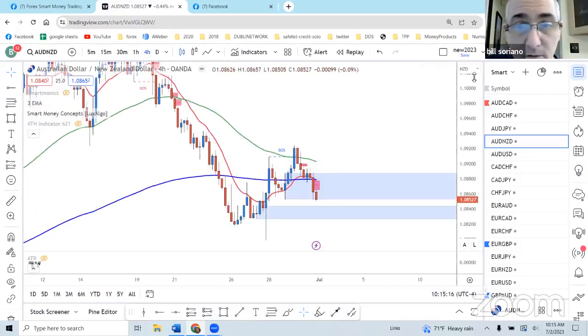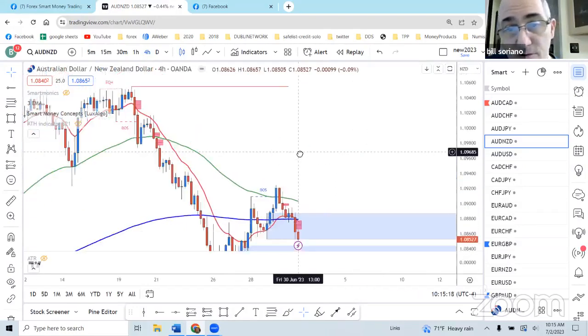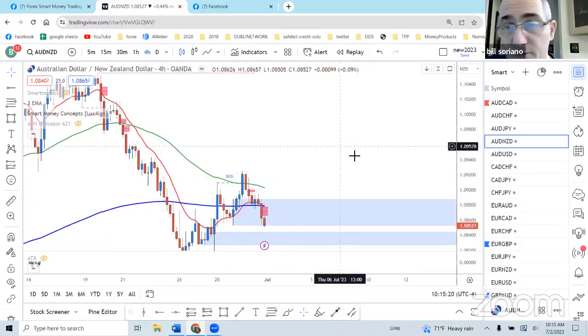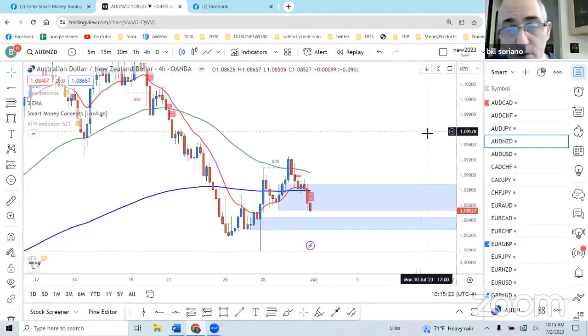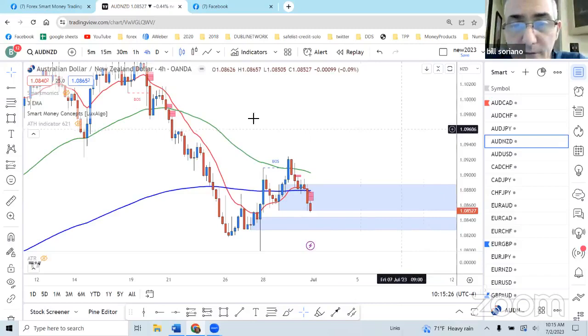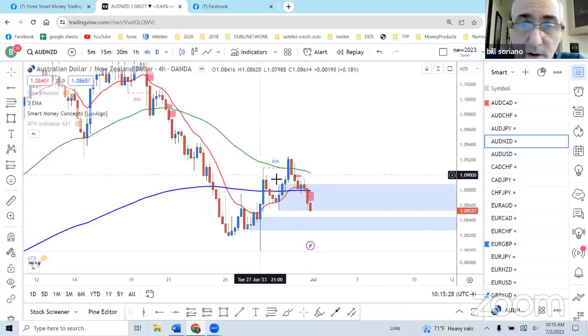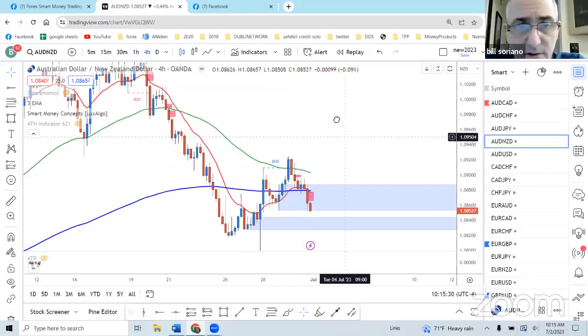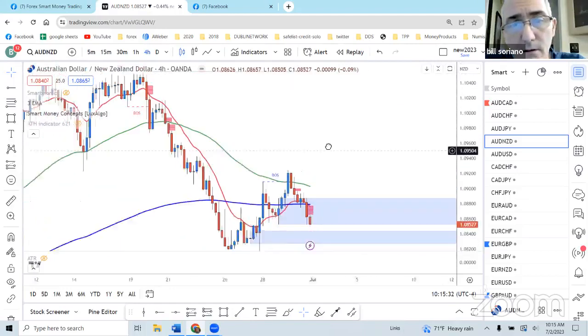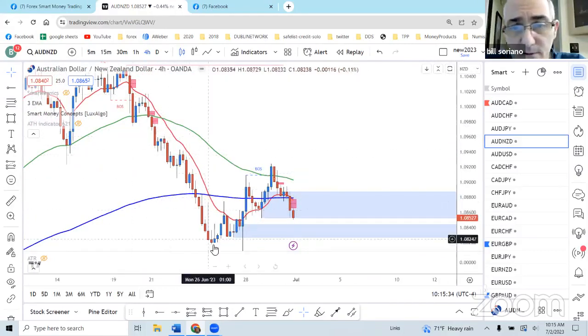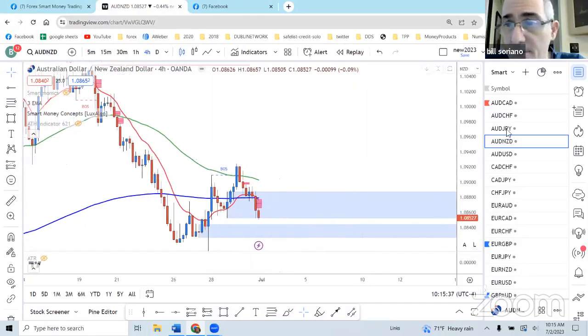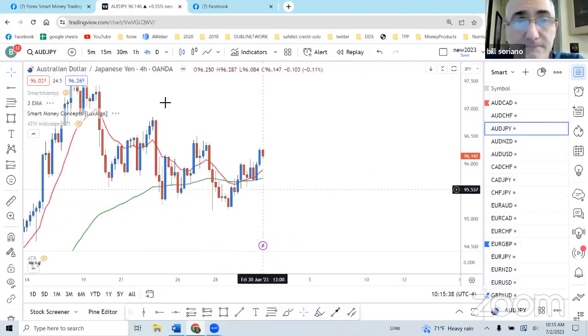The 4-hour is definitely bearish, right? 4 hours definitely bearish. So if the daily is bullish, we do have a break of structure here. This order flow on the 4-hour is definitely bearish. I'm going to skip over this one this week.